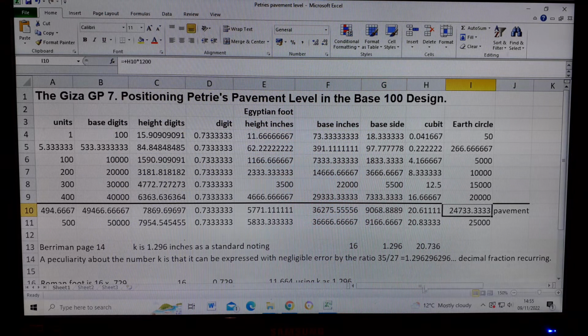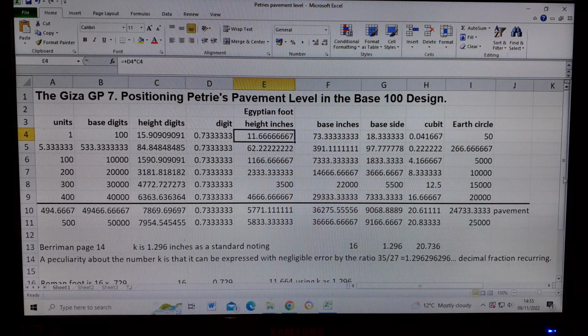He's given a pavement Earth circumference of 24733.333 miles. That's 266.666 miles off 25,000. So we can see that this is a very well planned design using a unit of 11.666 inches.